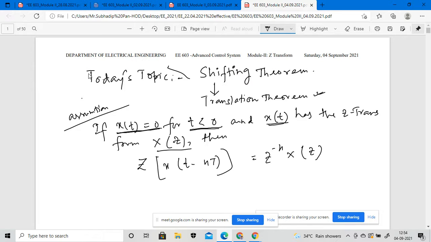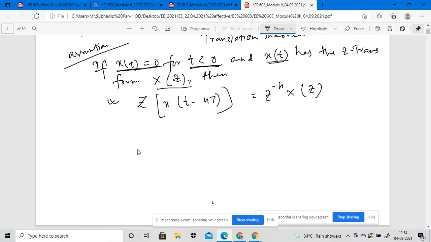So this equation satisfies the shifting theorem. Shifting means we have to shift the signals. Suppose we have a signal like this, there must be either a right shift or a left shift. Shifting is divided into two parts: the right shift and the left shift.